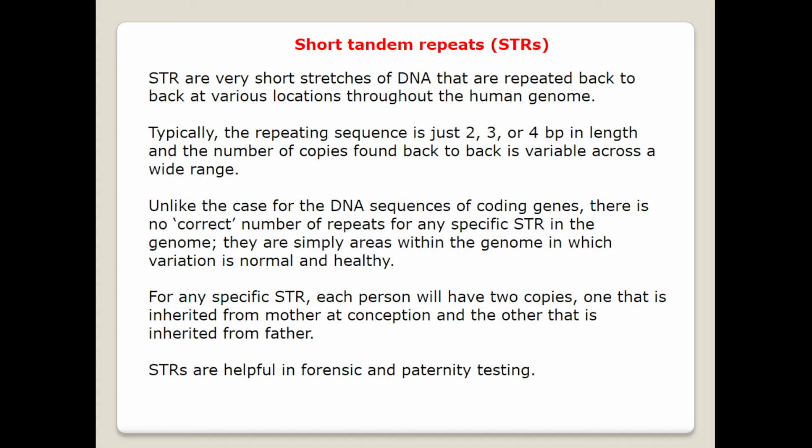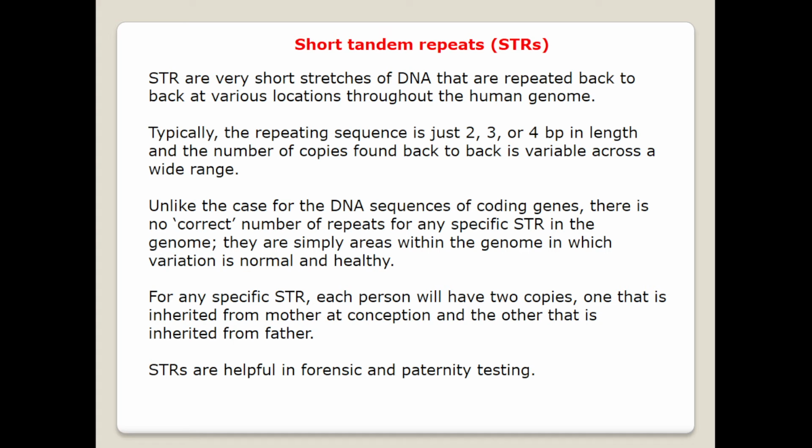So, short tandem repeats are very short stretches of DNA that are repeated back to back at various locations throughout the human genome. Typically, the repeating sequence is just 2, 3, or 4 base pairs in length, and the number of copies found back to back is variable across a wide range.